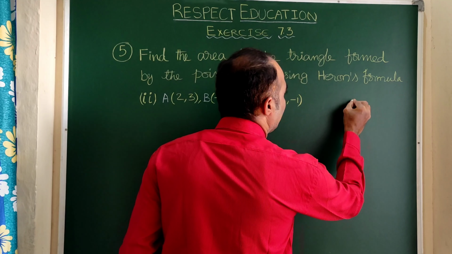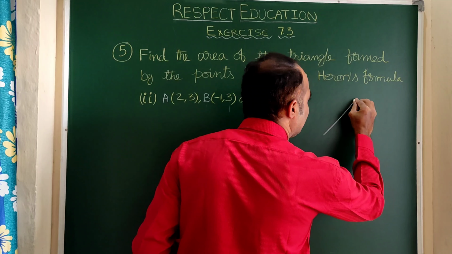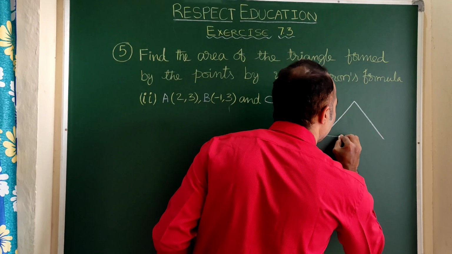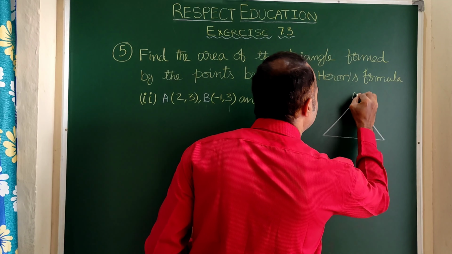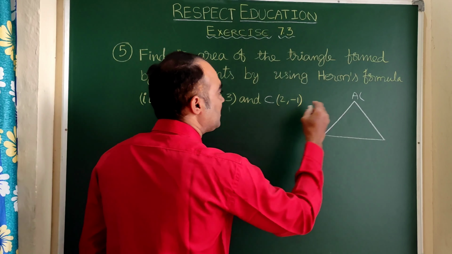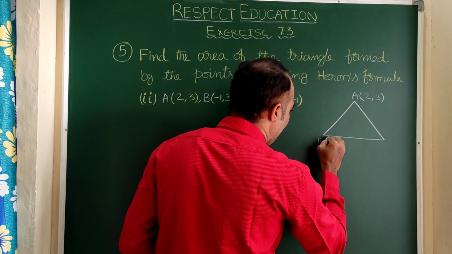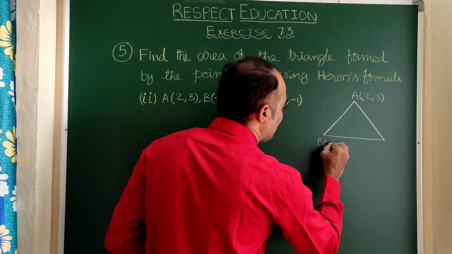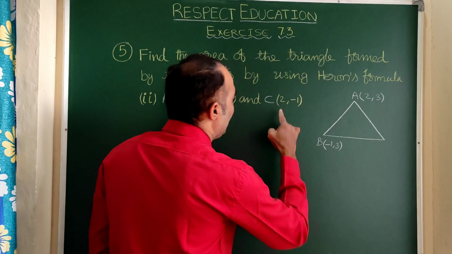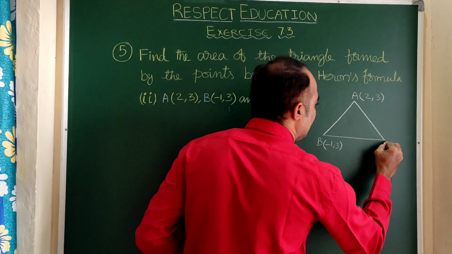If we draw one rough triangle, it may look like this. So it is A (2, 3). This is B (minus 1, 3). And this is C (2, minus 1).